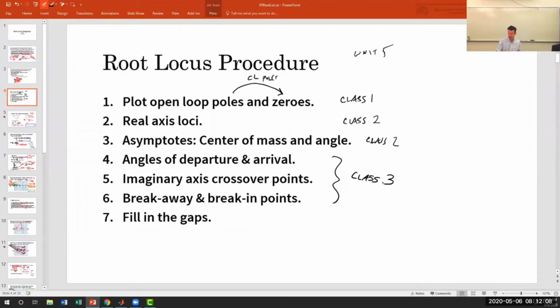The breakaway and break-in points are both points on the real axis where the root locus branches either leave the real axis because they run into each other and they have to become then complex, or a break-in point is when the complex conjugate branches break into the real axis and then head their separate ways left and right.